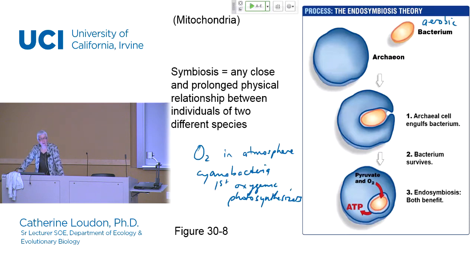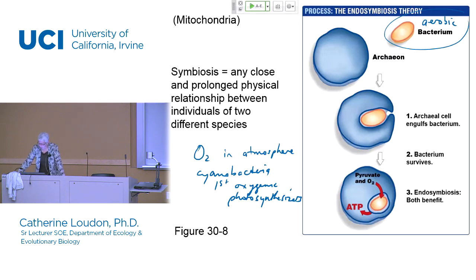It would obviously take an extremely long time for oxygen levels to build up, but aerobic bacteria, such as the presumed ancestor of mitochondria, would have to have formed after sufficient levels of oxygen in the atmosphere. Right, does that make sense? Right, okay, good. So we have to have an aerobic bacterium for one.